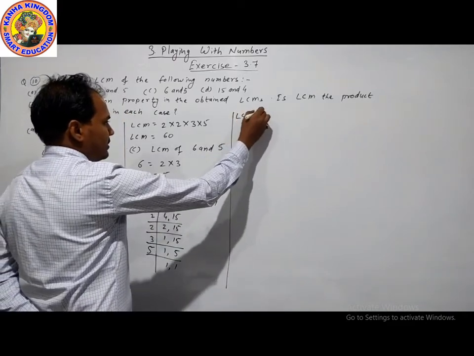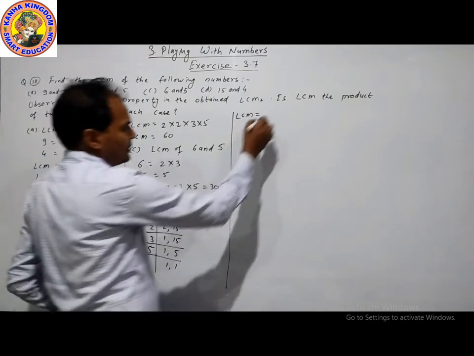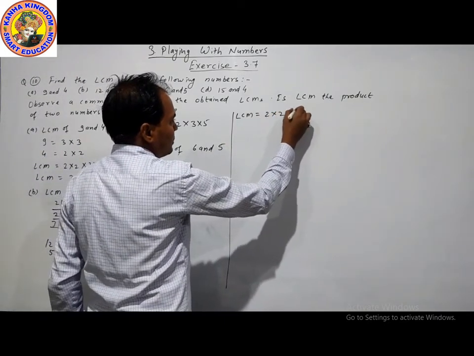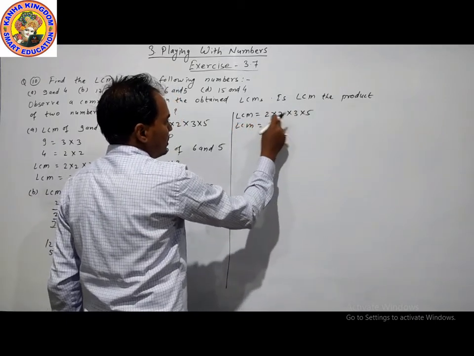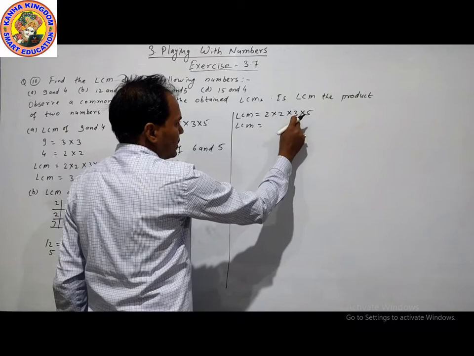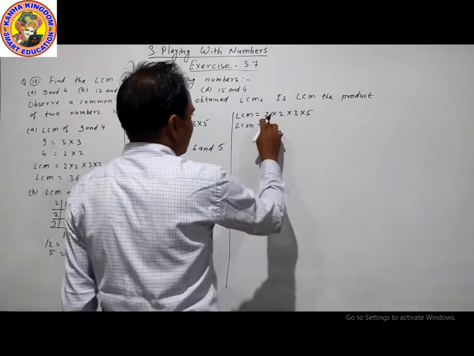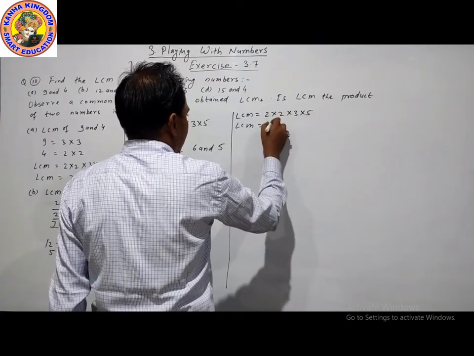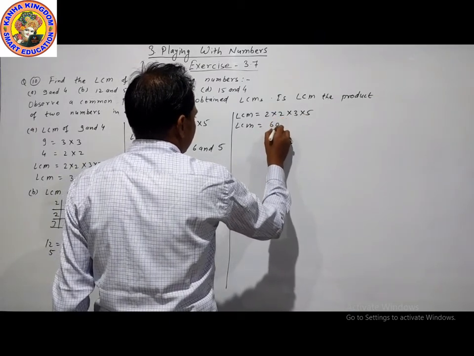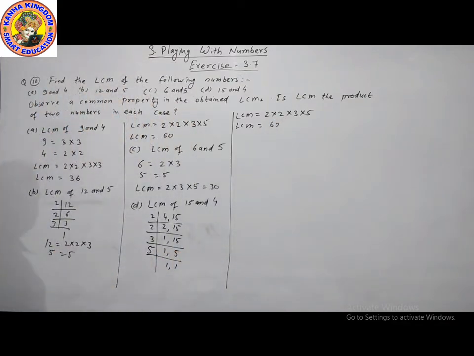So the LCM is 2 into 2 into 3 into 5. 2 into 2, 4, 4 into 3, 12, 12 into 5, 60.